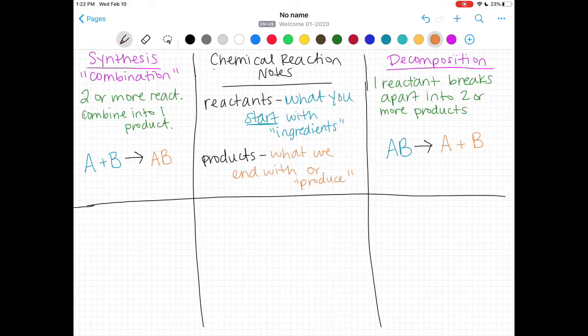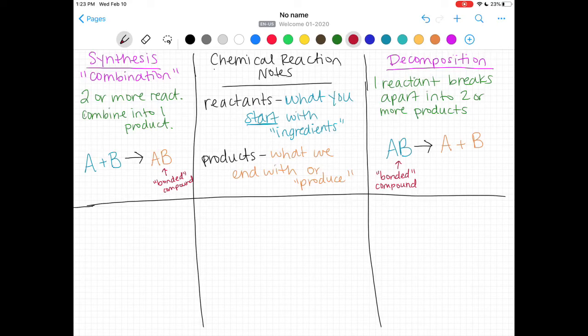Okay, so anytime you see, here, we'll just make a little note here. Anytime you see two things that are together, this means they're bonded together. So this is a compound. Anytime you see things stuck together like that. So notice over here in my synthesis, my bonded compound is my product.